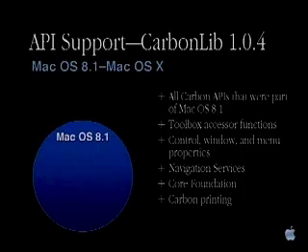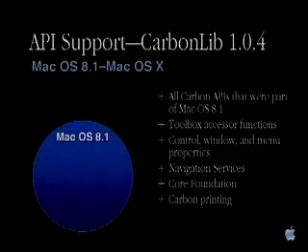Because a lot of APIs that were added to, say, Mac OS 8.6, to move those back in CarbonLib to Mac OS 8.1 would be basically reinstalling the Mac OS 8.6 operating system on top of 8.1, right? So this doesn't make any sense. In Mac OS 8.1, through CarbonLib 1.0.4, you have all the Carbon APIs that were in 8.1, plus a set of things that we felt it was necessary to bring back.